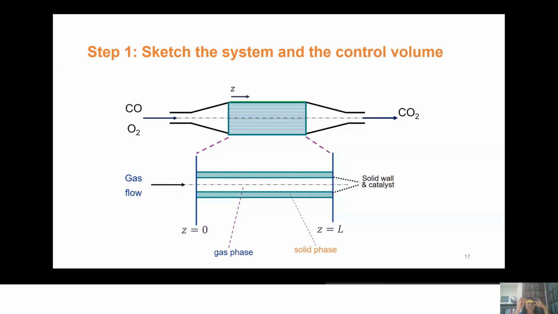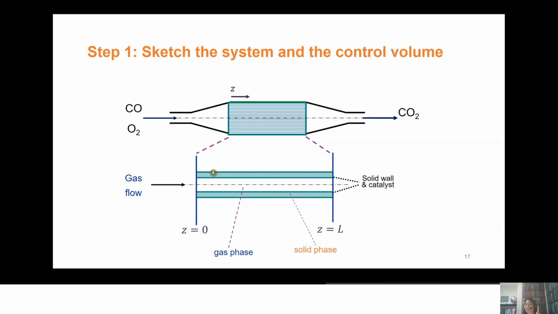I hope you can see it. We have many channels in this view, and in this schematic we're just looking at it from the side. Below is a magnified view of one channel.